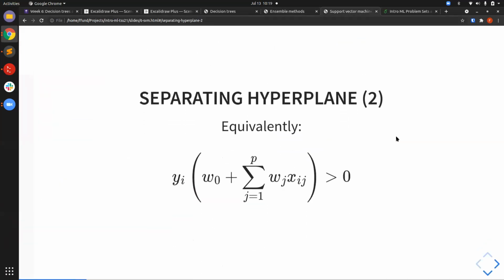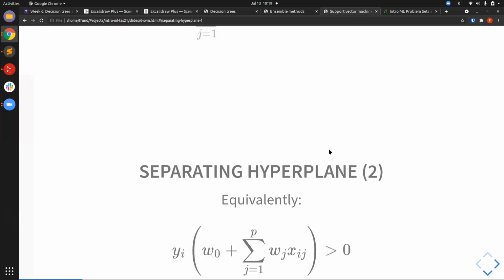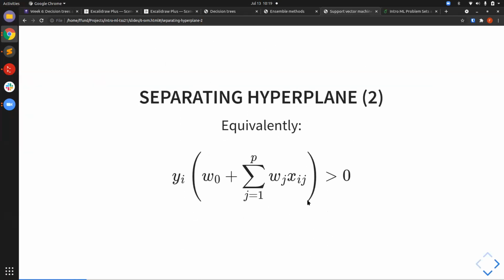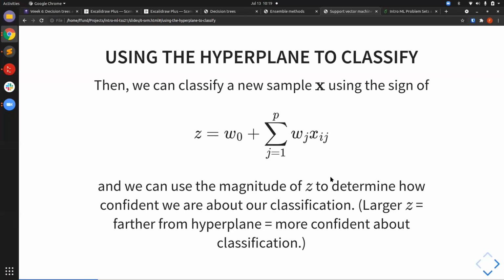And since our class labels are -1 and +1, you can rewrite this so that the separating hyperplane has the characteristic that the label times this quantity is always greater than 0.